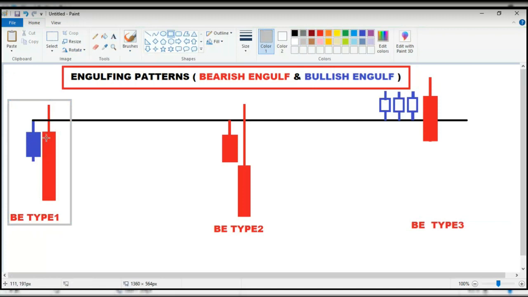You need to make sure that you look for this kind of candlestick pattern. This is where you get your entries. This is how you map your entries. With the type 1, on this line here, by the wicks, that is where you normally take your trade.